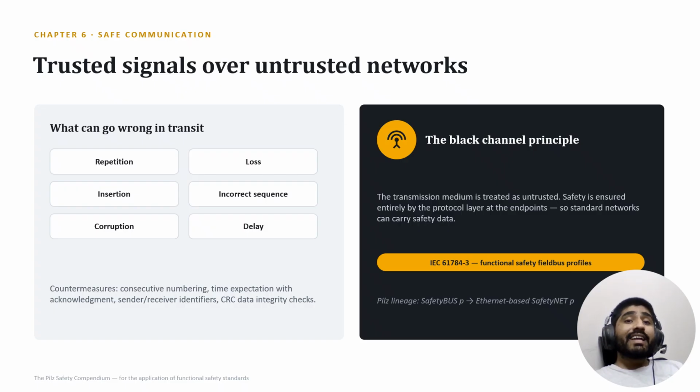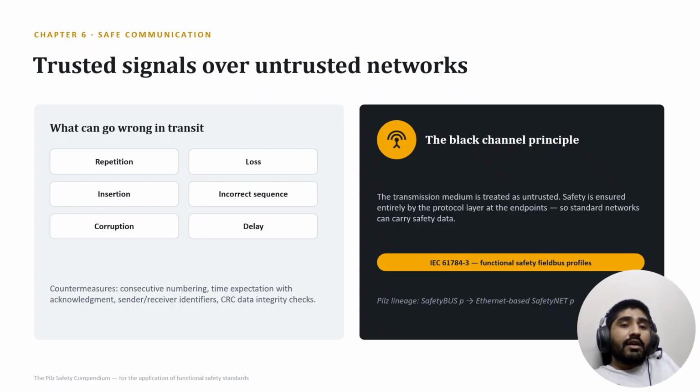Chapter 6 asks what happens when safety signals must travel over a network. A standard fieldbus alone is not sufficient because transmission can fail in well-defined ways. Messages can be repeated, lost, inserted, delivered in the wrong sequence, corrupted or delayed. Safe communication protocols add defensive measures on top: consecutive numbering, time expectation with acknowledgement, sender and receiver identifiers, and CRC checksums.